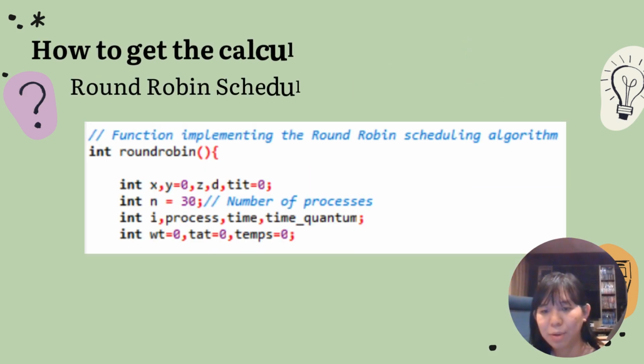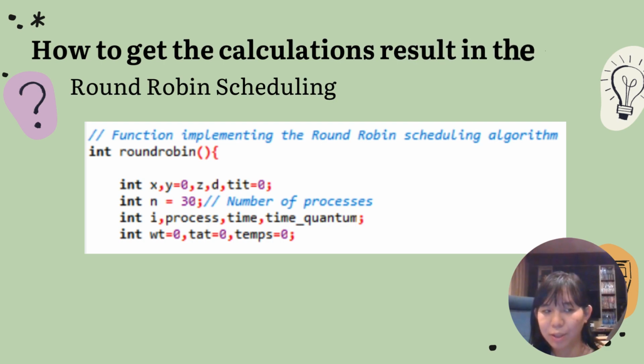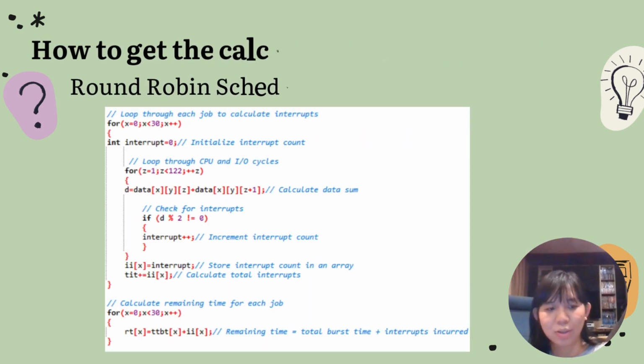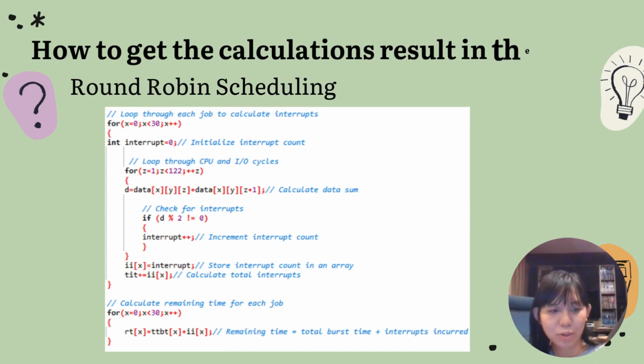After that, we have a function implementing the round-robin scheduling algorithm. We do initialization and user input for the time quantum. Then we have the calculation of interrupts incurred for each job. We loop through each job to calculate interrupts and also loop through CPU and I/O bursts, and then we calculate data sum for interrupt check.